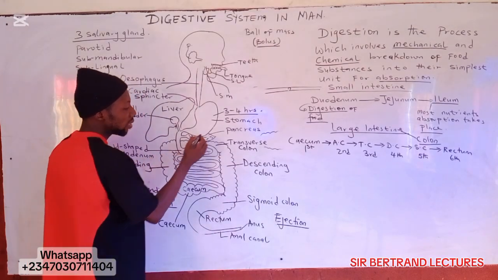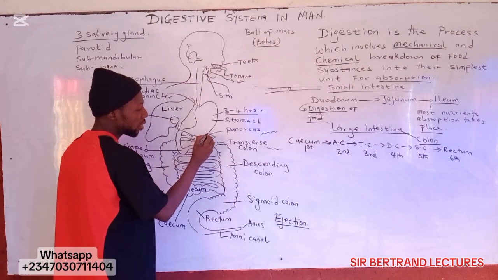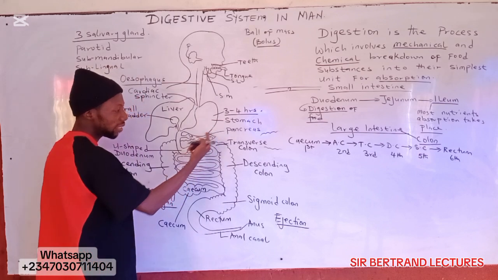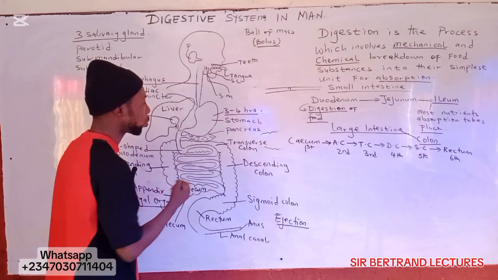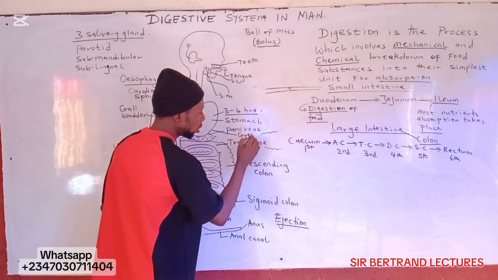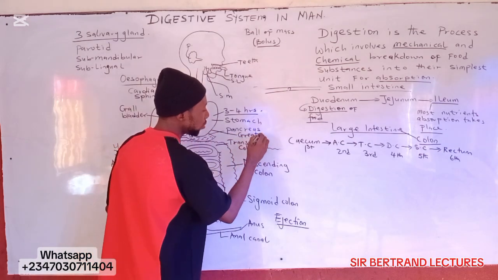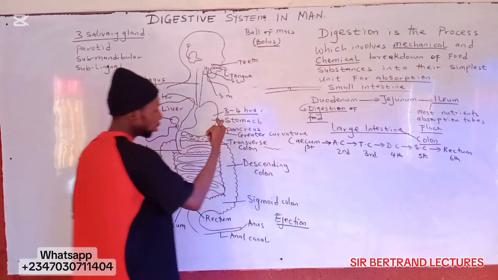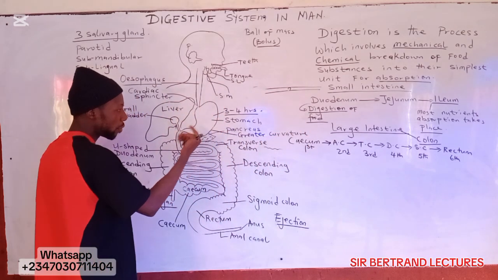Then this part of the stomach here, you can see the line here, this is known as the greater curvature, based on the curve.